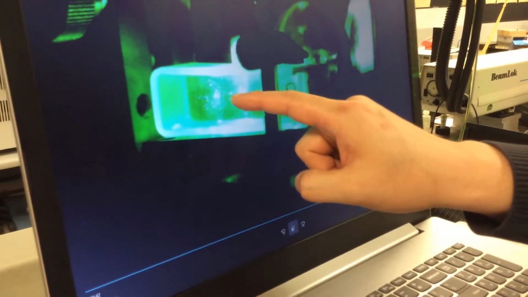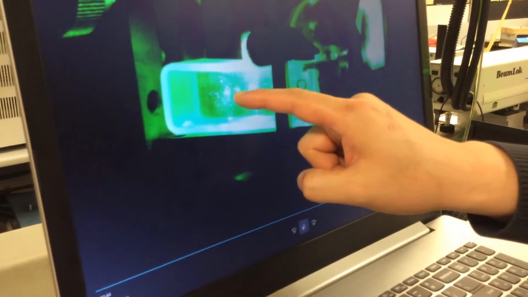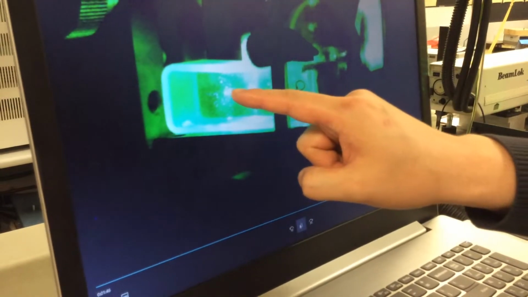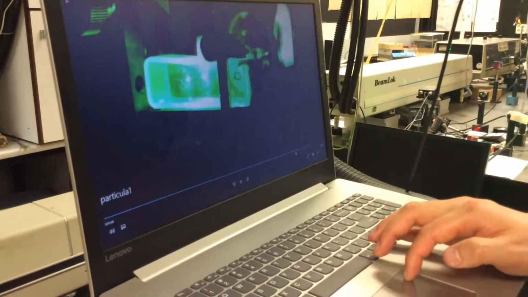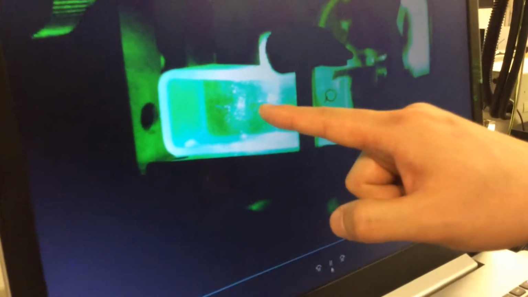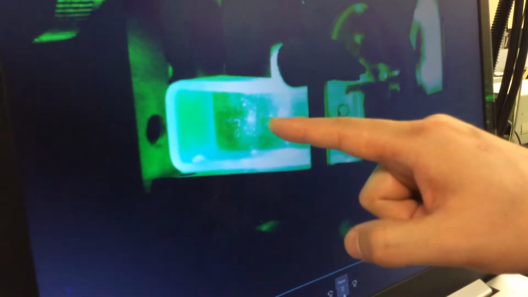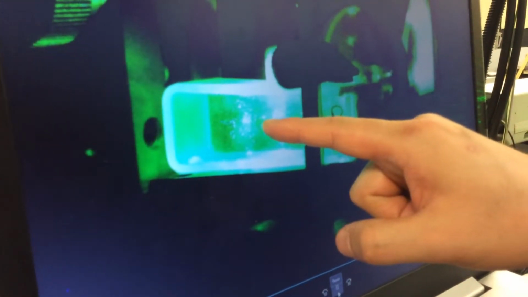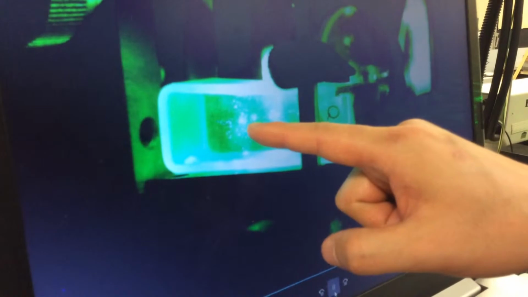It is gradually moved along this axial direction until it goes here. Now let's have a look at this for the second time. You see here the particle, and it is shifted through here.